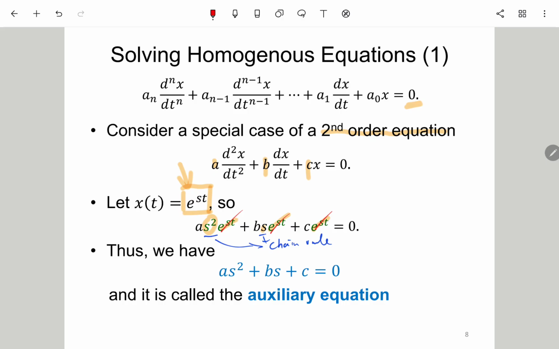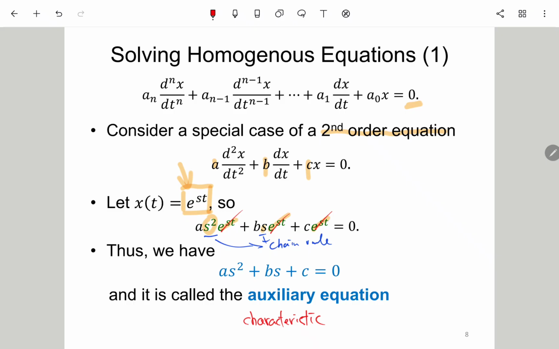This is called the auxiliary equation, in the textbook I reference. Some other books may call it the characteristic equation. Different books, different people will call it by a different name, so just keep them in mind.